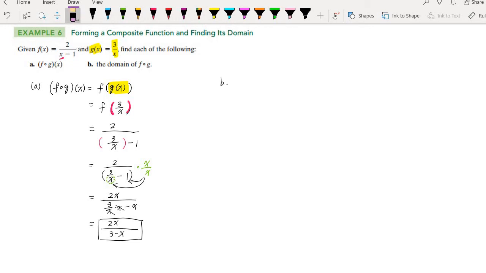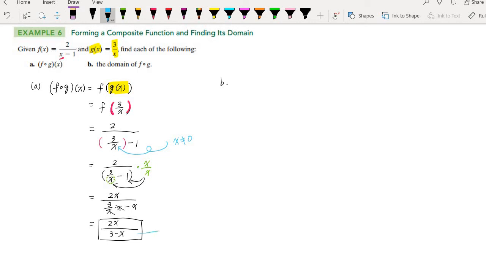For part B, we have to look at the domain of f of g. For domain, we have to look at a couple of things. From this 3 over x right here, we realize x cannot be 0, because 3 over x is a denominator.